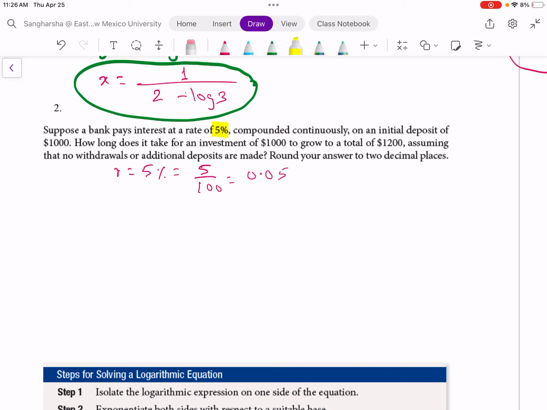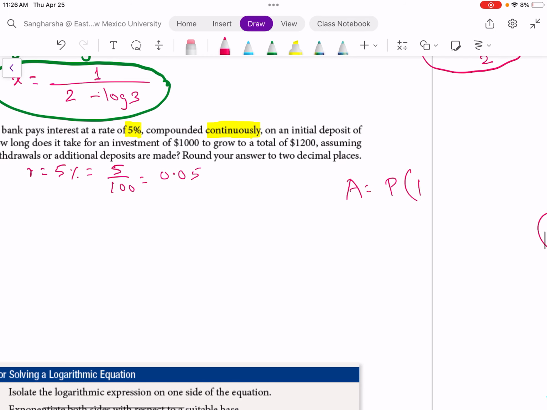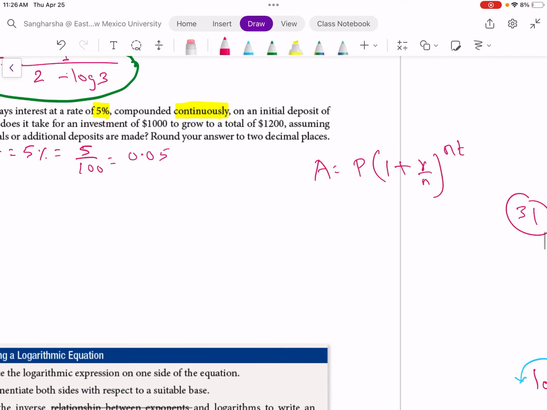Compounded continuously. Now, we did compound interest, and we had two formulas. The one is amount equals P times 1 plus R over N, to the power N times T, right? And then next we have A equals P times e to the power RT.